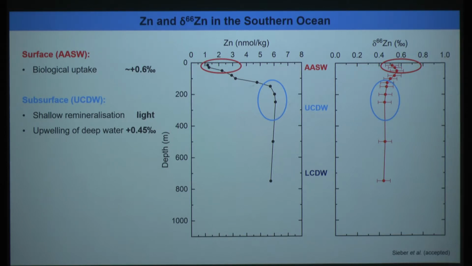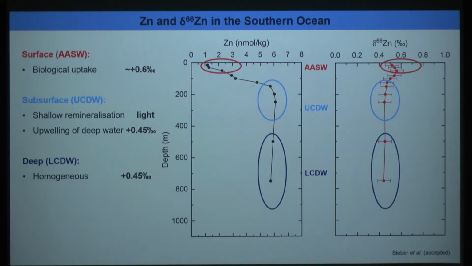So you don't have enough leverage, since the fractionation is so small, to really deviate. And then again, the lower circumpolar deep water is always pretty boring. It pretty much stays at the same values, both in concentration and in isotopes, just because it doesn't really interact with anything above.